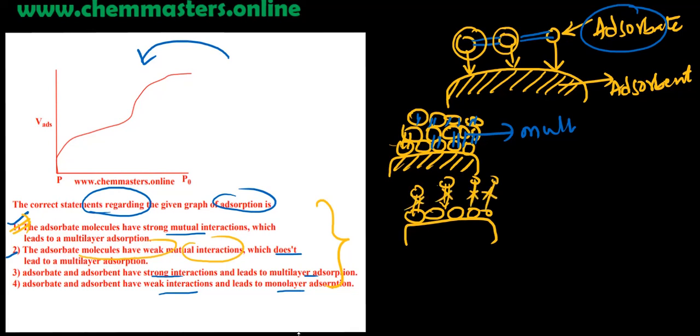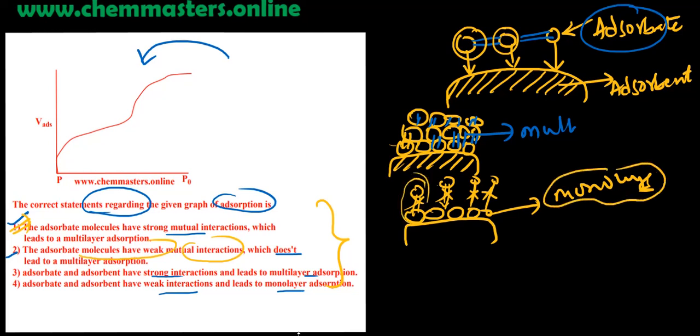So in most cases only the possibility of monolayers, with some extra characteristics, and we can discuss that through the given graph. But just remember that whenever weak interactions are present between adsorbate molecules, there is only the possibility to make monolayer adsorption.